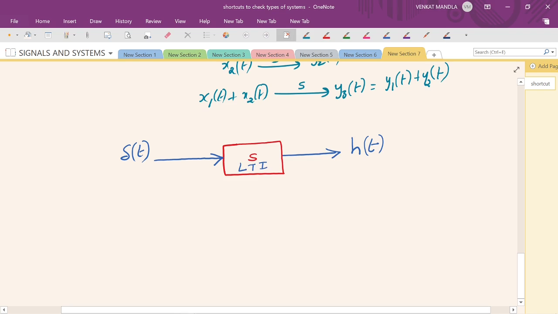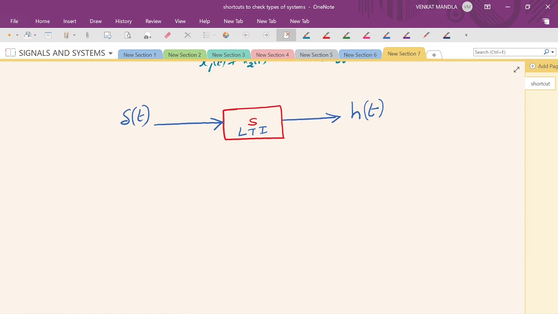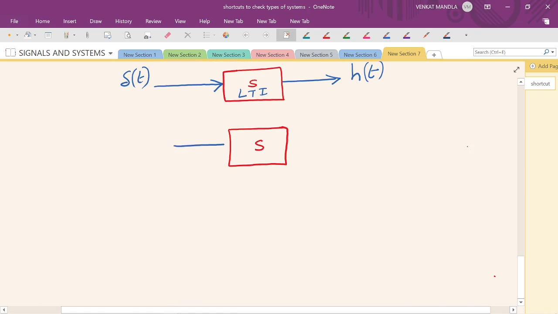Now, for the same system, this is the input delta of t. I will apply a delay in the input, let us say t minus tau. This tau is the delay.